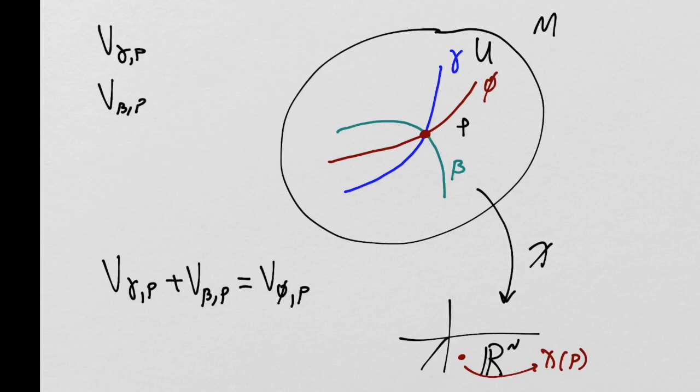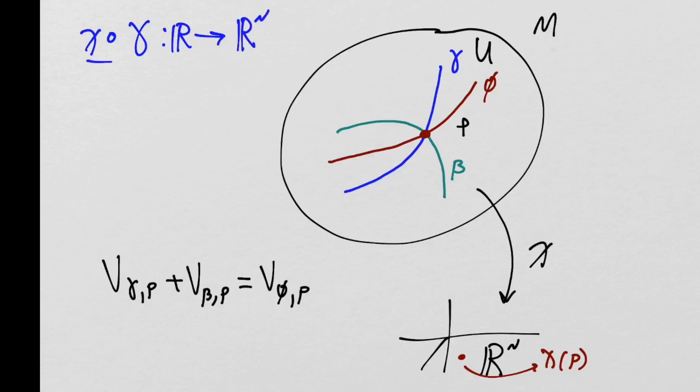So we want to revisit the nature of these curves, and we want to understand the coordinates of the curves. We know that gamma, and I'll do it in blue, takes the real line and gives you the manifold, right? Gamma is a map from the real line to the manifold because it's a curve. But x after gamma is from the real line not to the manifold but to Rn.